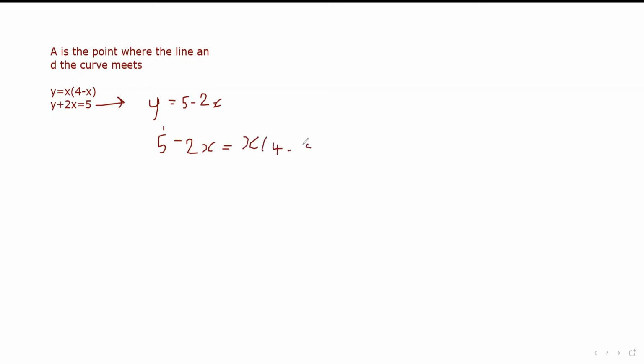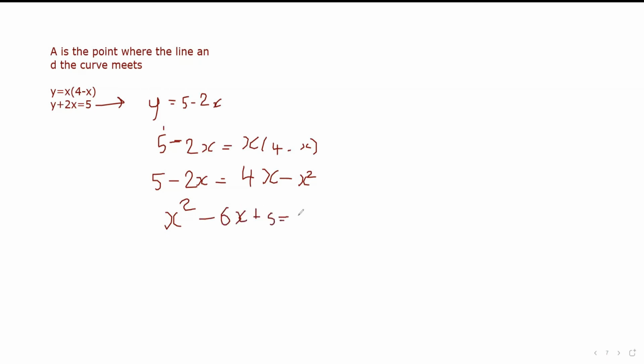When we expand, we get 4x minus x squared, and that's equal to 5 minus 2x. So Marika, what we need to do now is bring over the x squared to get x squared, and bring over the 4x to get minus 6x plus 5 equals 0.